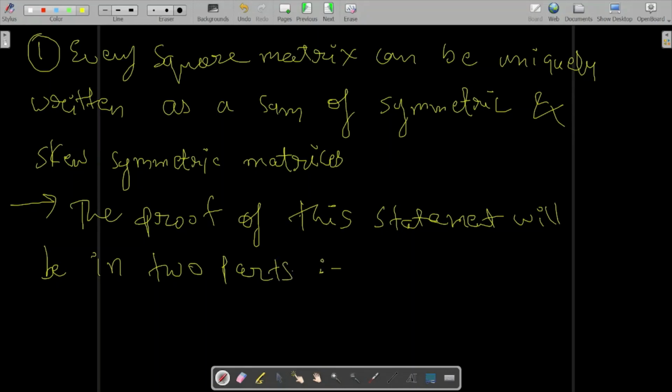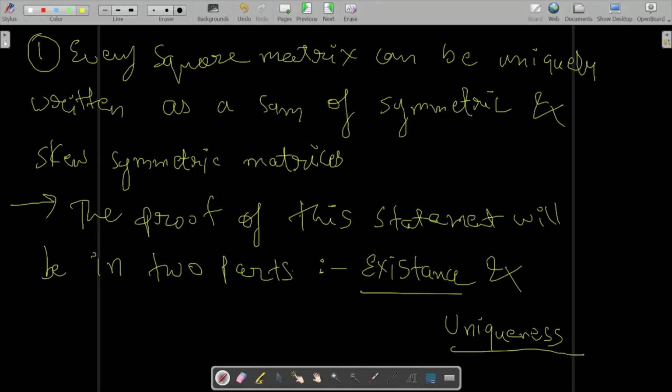Which two parts? Existence and uniqueness. In this way, the proof of this statement will be done in two parts: existence and uniqueness.